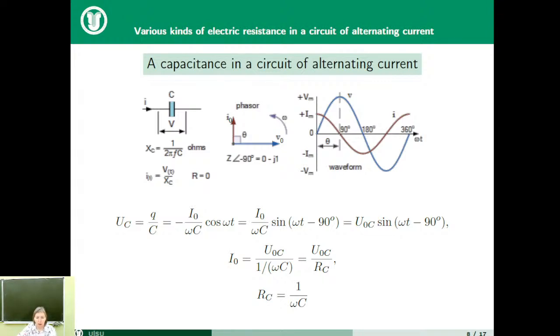It's I0 divided by omega cos omega t. Then we can rewrite this expression, and we get for voltage U0 sine omega t minus 90 degrees.